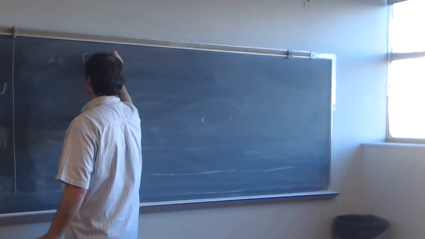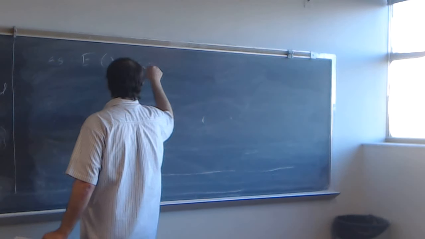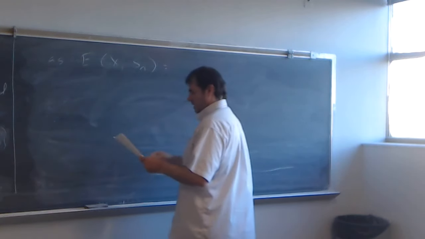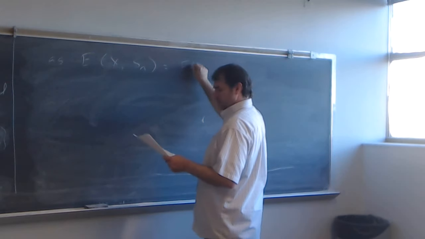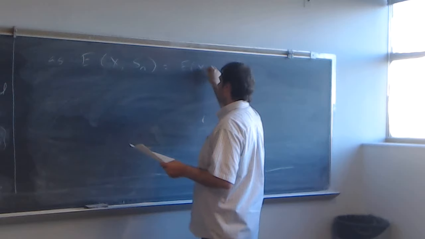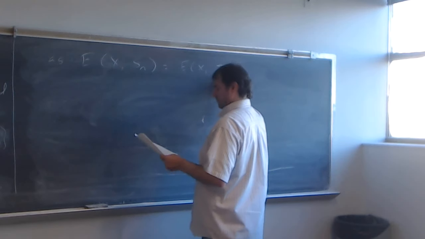As the expected value of x of 1 times h of S of n. Okay, so here this is equal to the expected value of x of 1 times the sum.